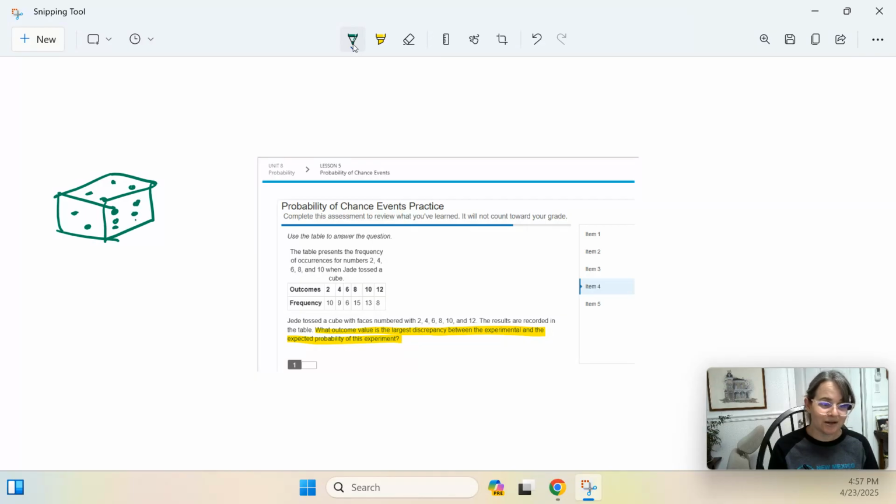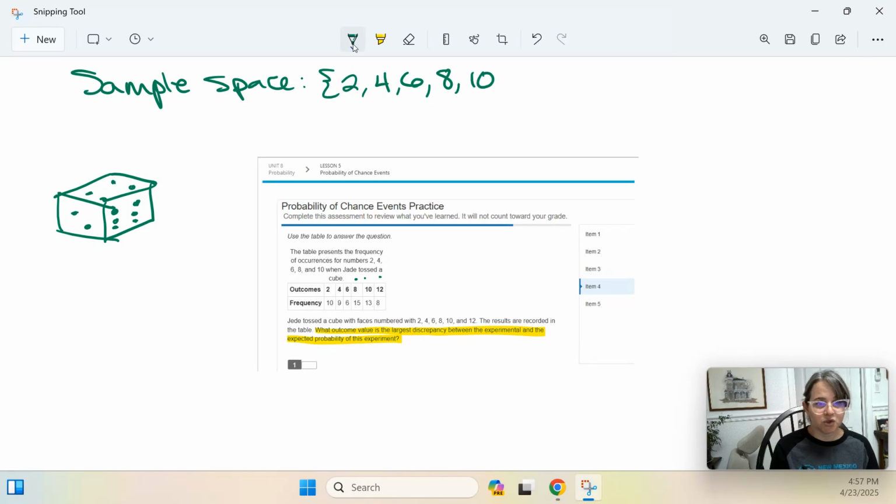Instead of that, it's got 8, 10, and 12. So that means the sample space would be all the possible rolls, which would be 2, 4, 6, 8, 10, 12.